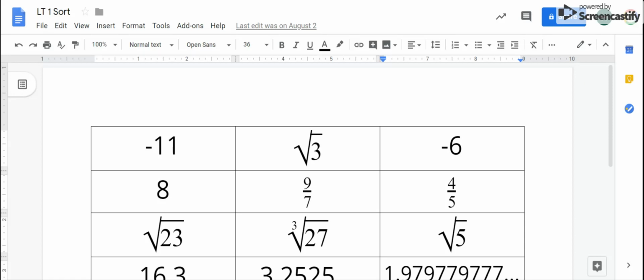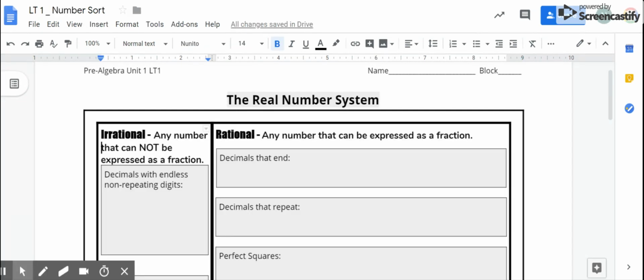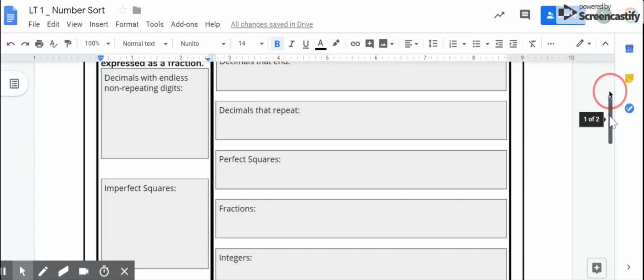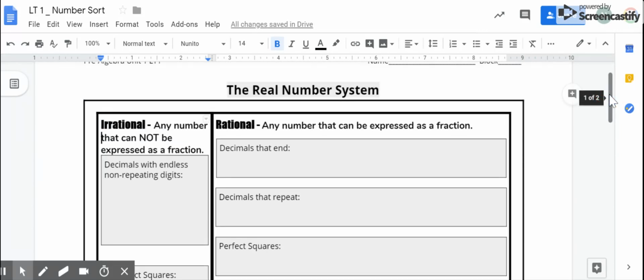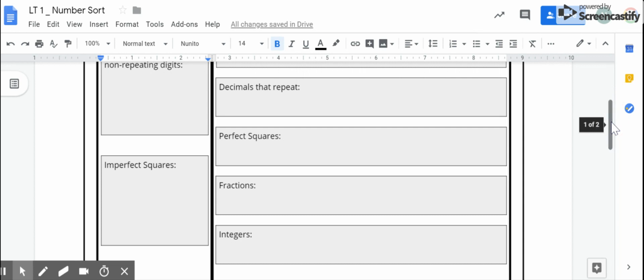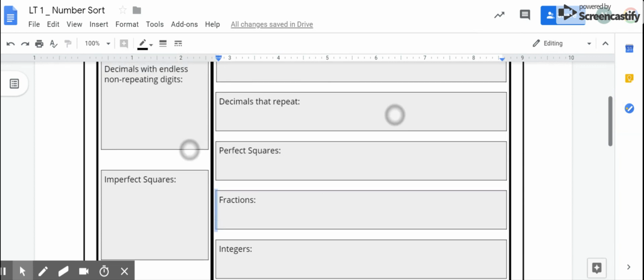After we sorted them into groups, we then filled out our graphic organizer, which we are going to do right now. Now, I'm not necessarily going to use the same numbers, but I will still use a few examples for each. So we're going to start with a rational number. A rational number is any number that can be expressed as a fraction.